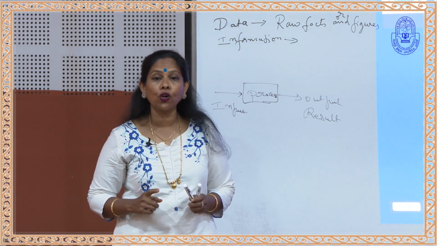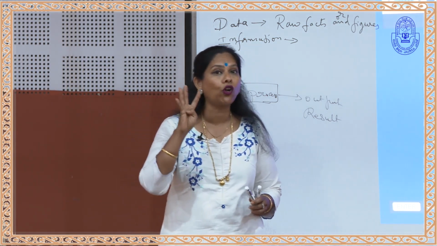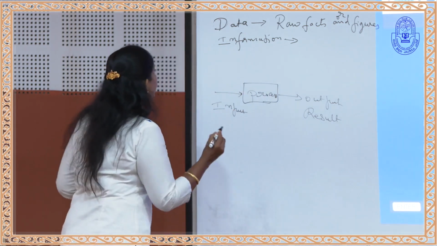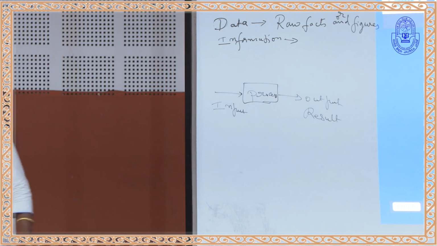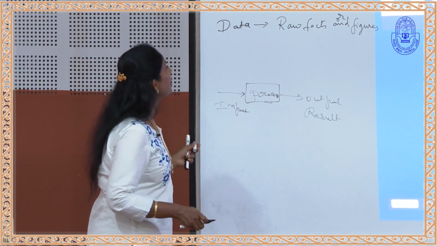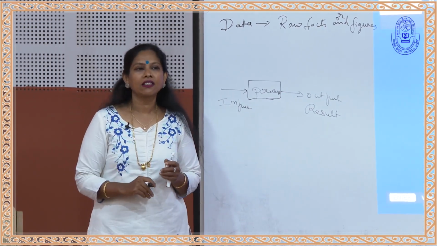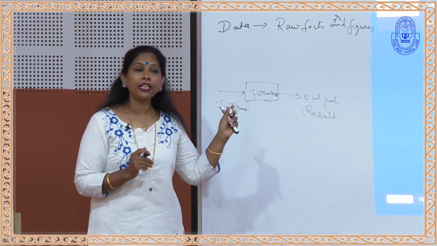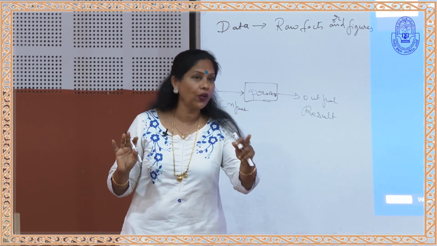So there are 4 types of data. Which are they? Before going to information, first you should learn data. Data means raw facts or figures. What is raw facts? What is figures? If I just tell you raw facts or figures, no one will understand. I will make you understand now.